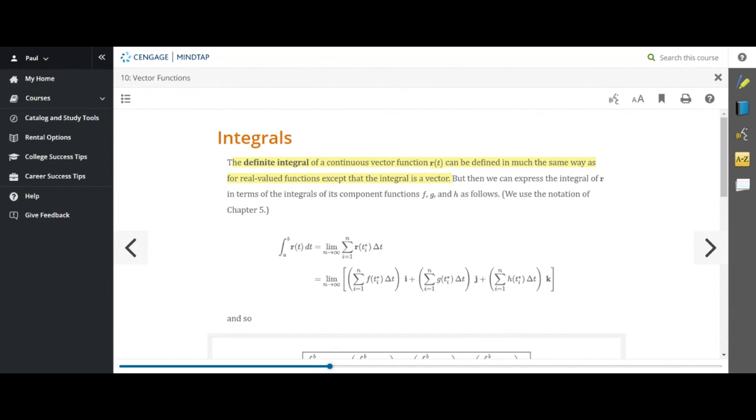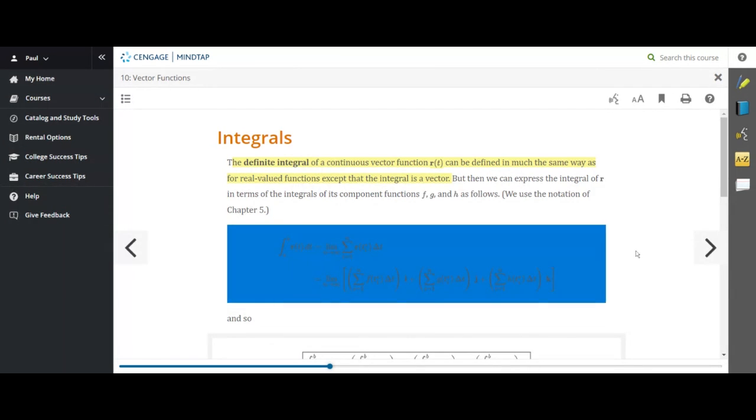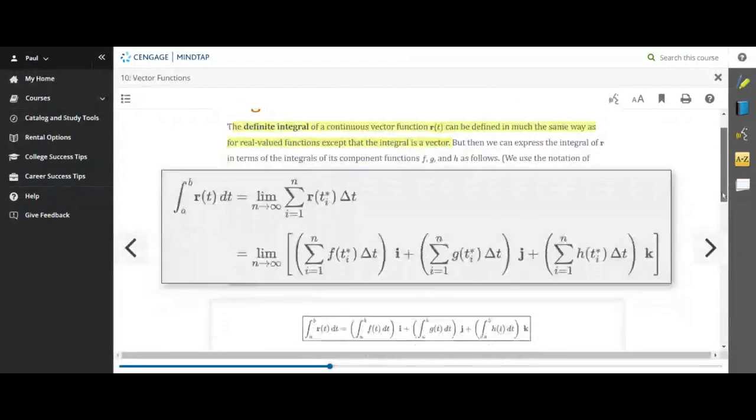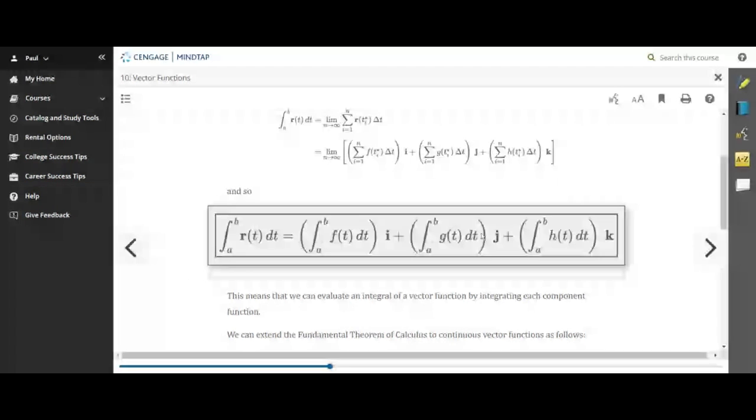Well, for the integral of a vector, the way that works is sort of natural. You just take the integrals of the components. So if you want the integral of a vector, you just take the integral of the components of the vector.